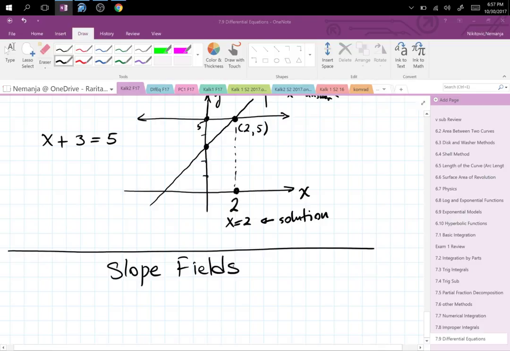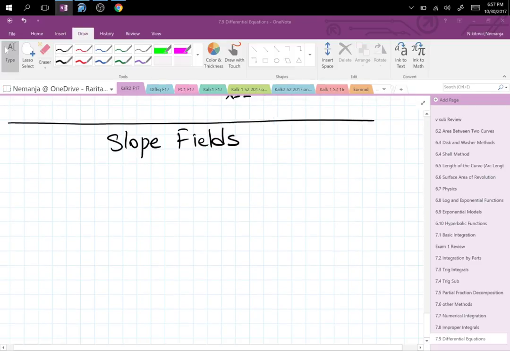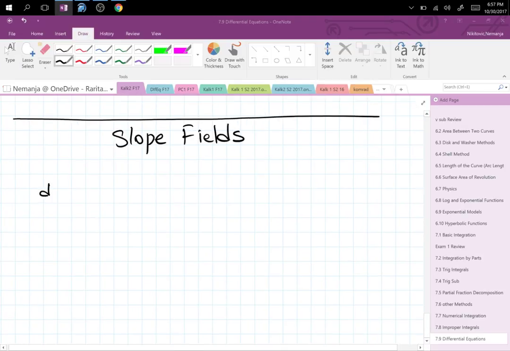We introduced the concept of slope fields. So say you want to examine the solution of the differential equation dy dx is equal to x minus 1.